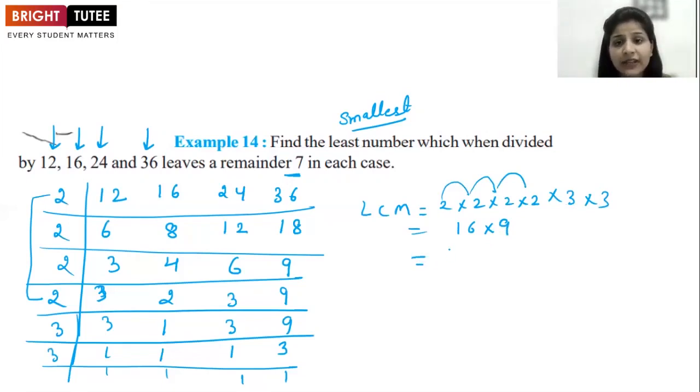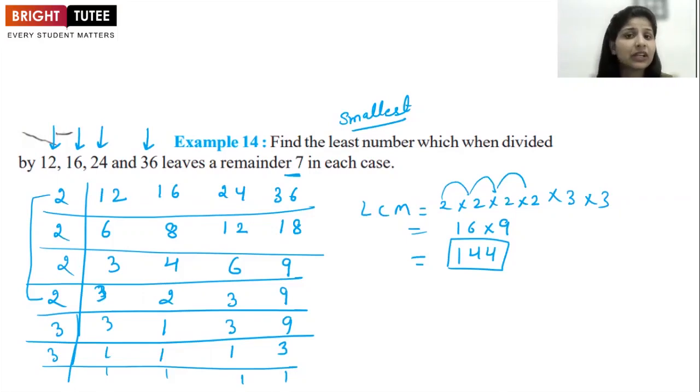So when I solve 16 into 9, we will get 144. So students, this is the number. When you divide it by 12, you know 144 is the square of 12, it is exactly divisible by 12. 16 will also divide it exactly, leaving the remainder 0. Same goes with 24 and 36. So this is the least number that we know which is exactly divisible by all of these.